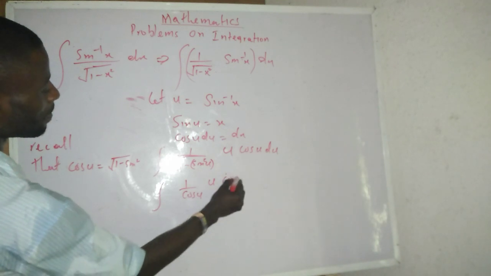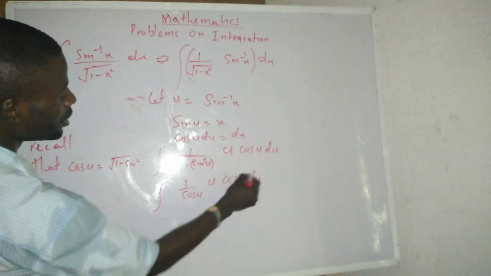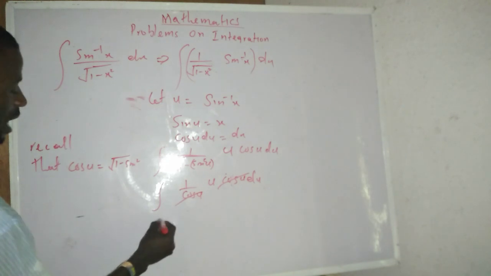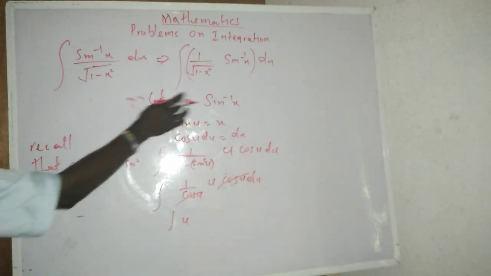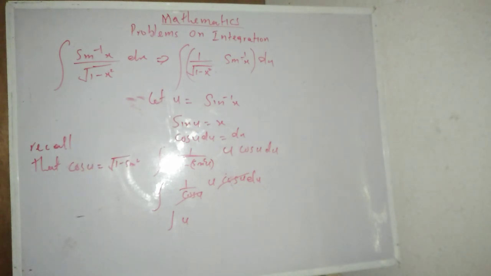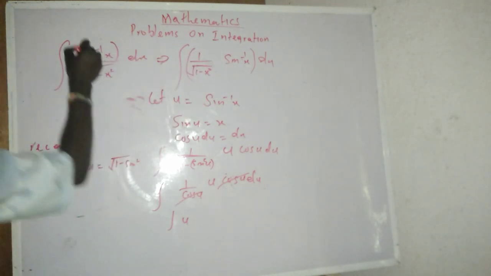This will cancel this. Now, I'm left with the integral of u. Sorry, there is a square here, so let me put a square here.